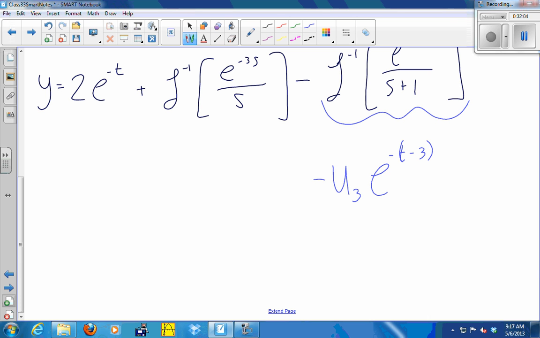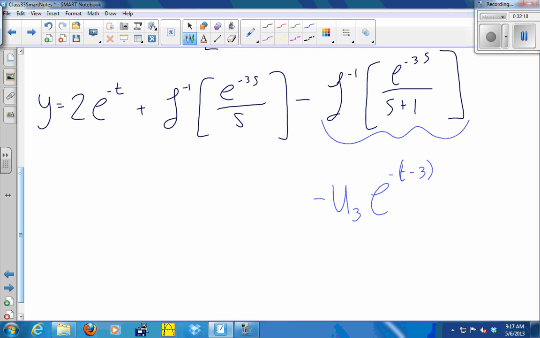Okay, what function do you think, could you conjecture, would give you a Laplace transform of e to the negative 3s over s? Close.